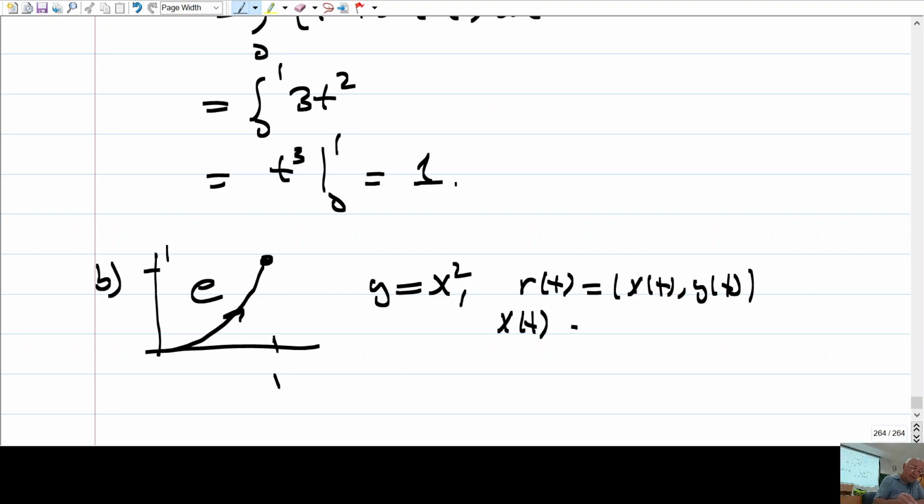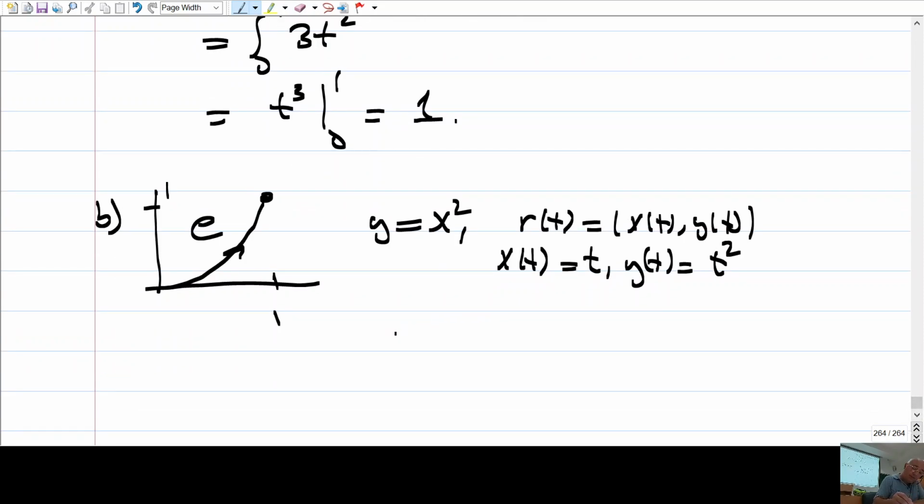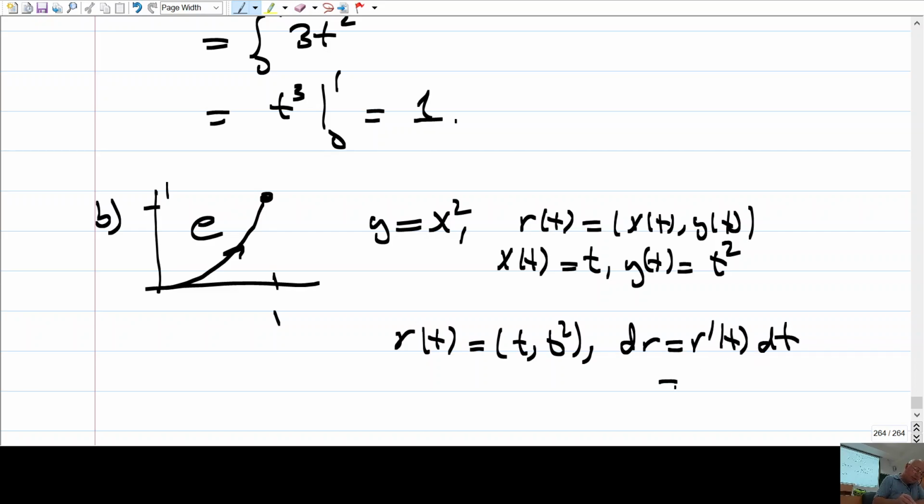I may let again x(t) be t. Then of course y(t) will be what? y is just x squared, right? So this should be t squared. So r(t) is just (t, t squared). So it is this, and what is dr? Dr is just r'(t) dt. So this is just (1, 2t) dt, right?